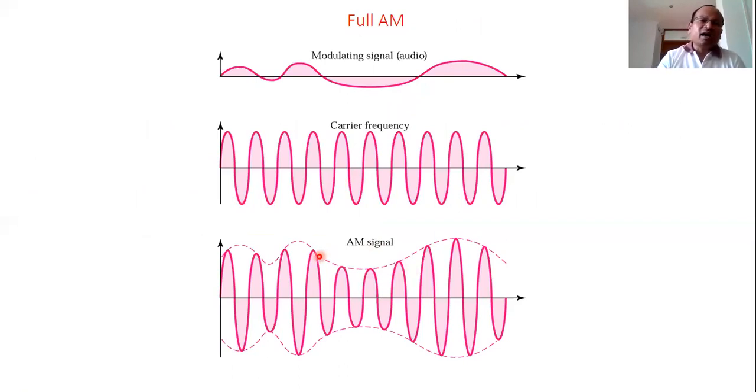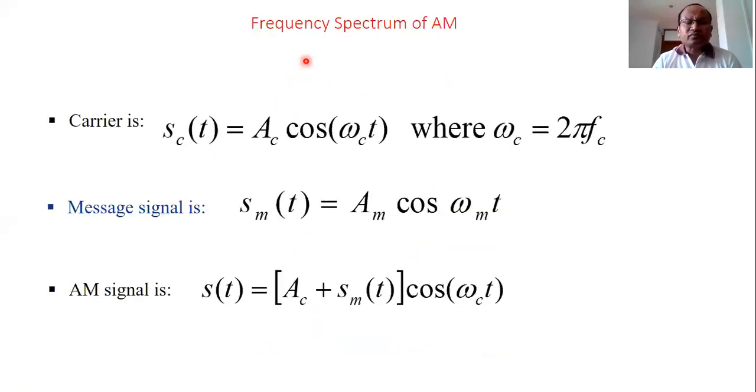Here again, if you compare the third and second diagrams, you will find that there is no change in frequency, only a change in amplitude, and the change in amplitude depends on the change in the modulating signal. This is the fundamental principle of amplitude modulation in communication systems.